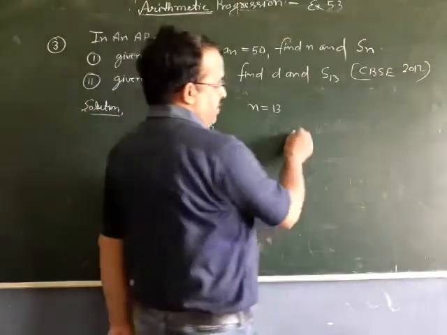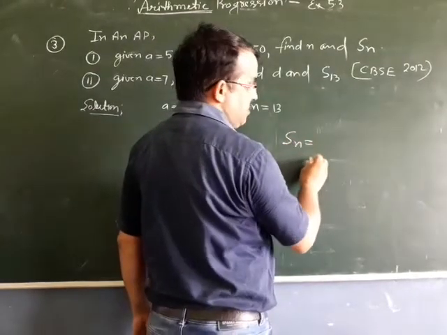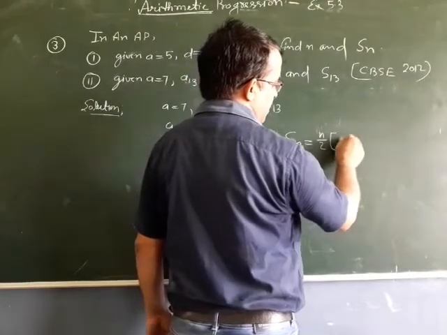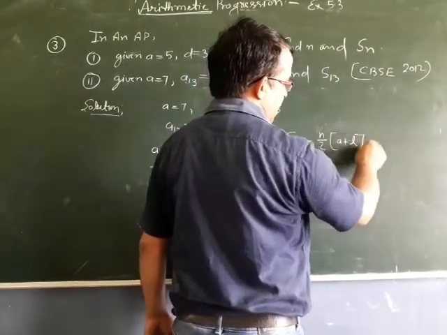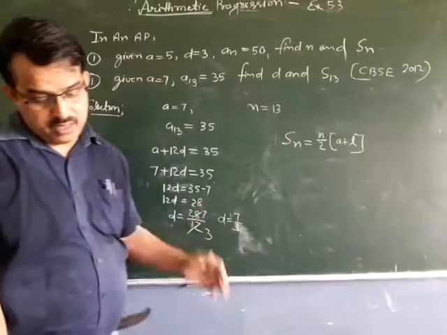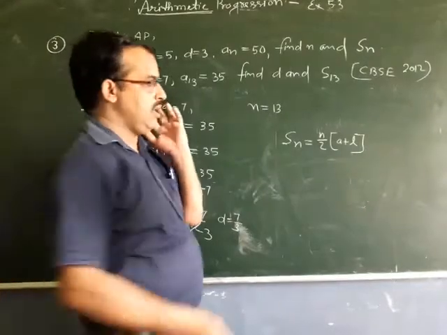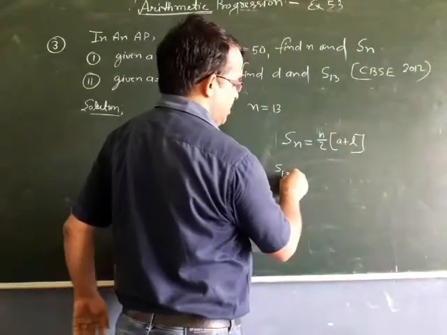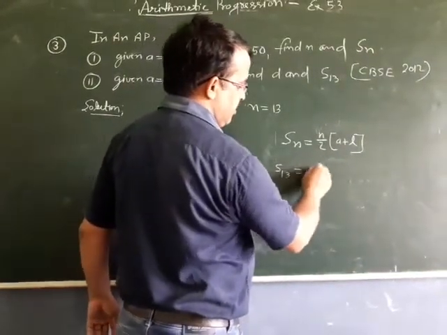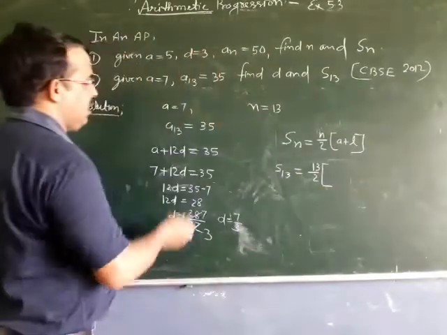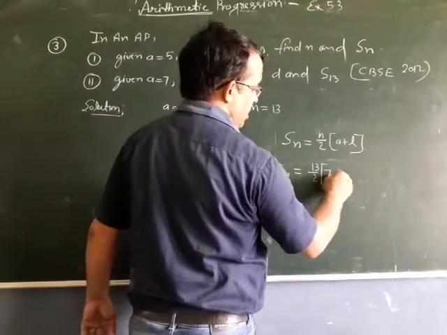Sn is equal to n by 2 times a plus l, and S13 is 13 by 2, and a is 7, and l is the last term.